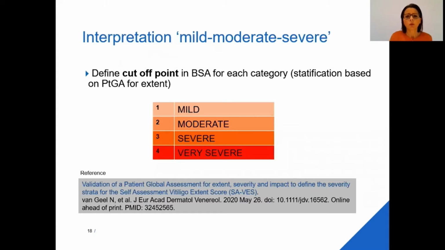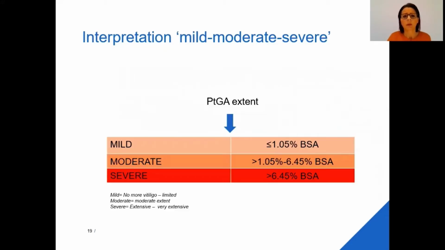We defined the cutoff points of the BSA as assessed by the VES for each category, and this was based on the PGA for extent. So we defined the cutoff points between mild and moderate, and between moderate and severe and very severe.